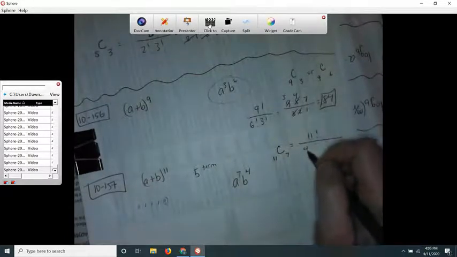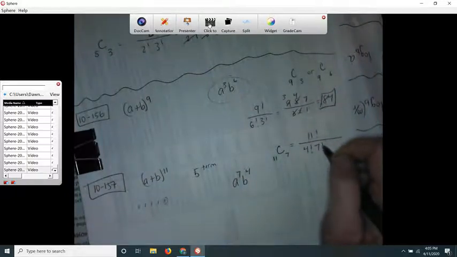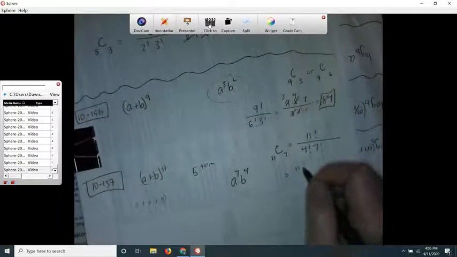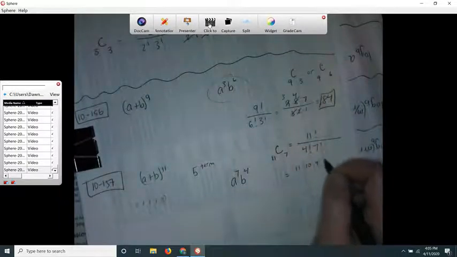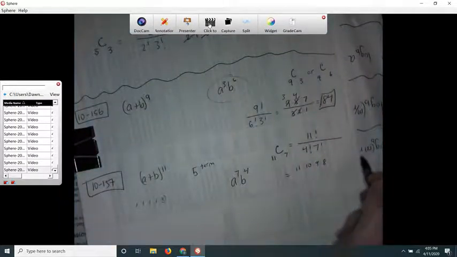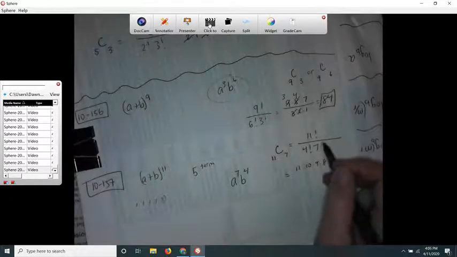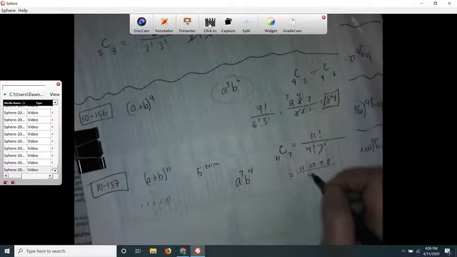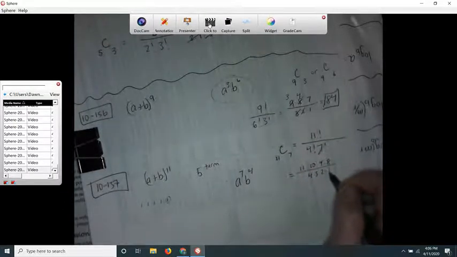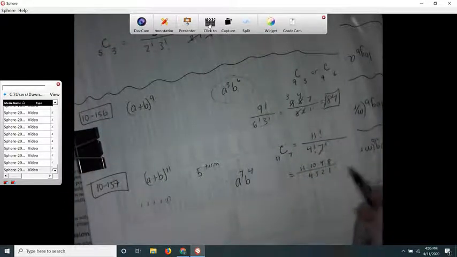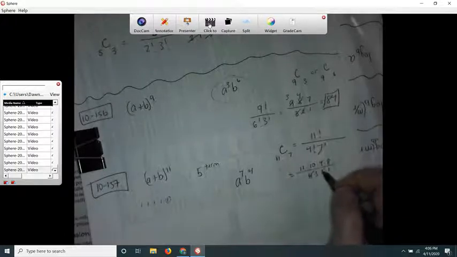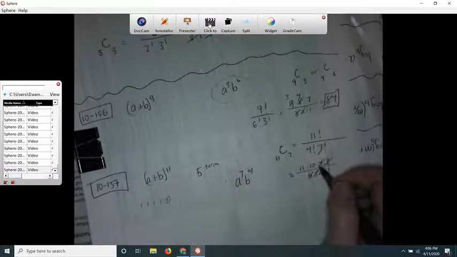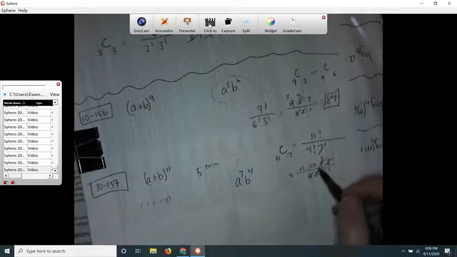And I'm lazy, so I'm going to go 11 times 10 times 9 times 8, but I don't want to do the 7, 6, 5, 4, 3, 2, 1, because it's just going to cancel. And then this will be 4 times 3 times 2 times 1. So the 4 times 2 can get rid of the 8, and then the 3 can make the 9 turn into a 3. And then I have 30 times 11 is 330.